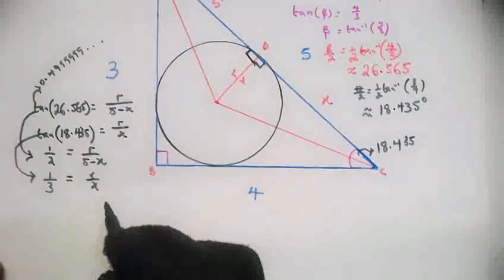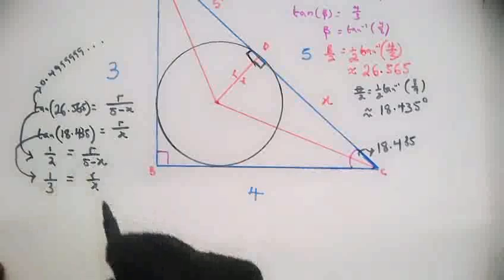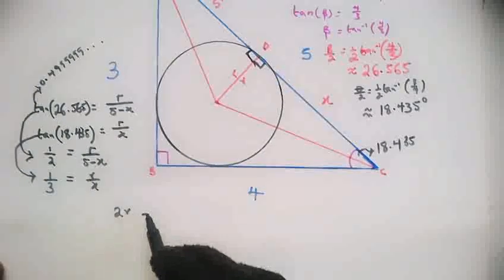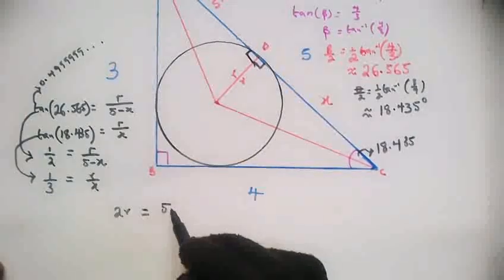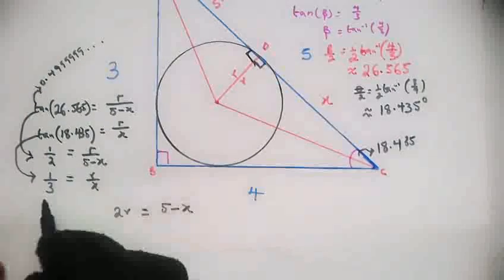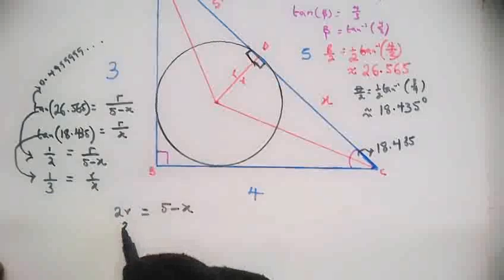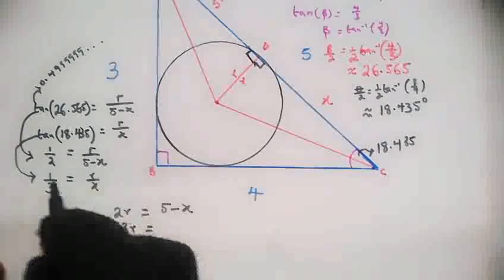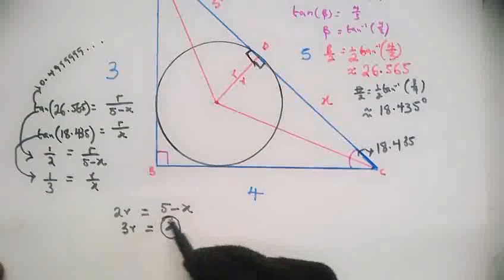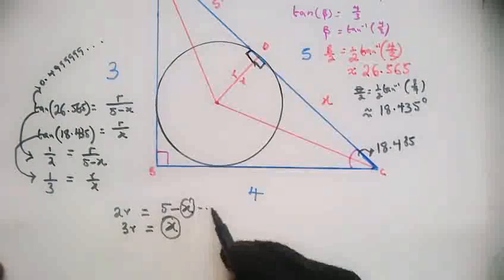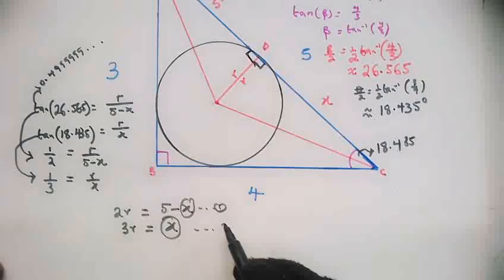When we cross multiply here, we have 2 times r, which is 2r, equal to 5 minus x times 1, that is 5 minus x. The second equation, 3 times r, so 3r is equal to x times 1, that is x. So we're going to substitute this value of x into this equation 1. So this is equation 1 and this is equation 2.